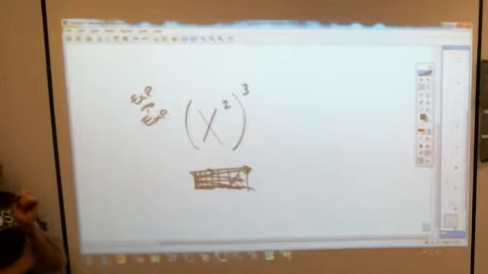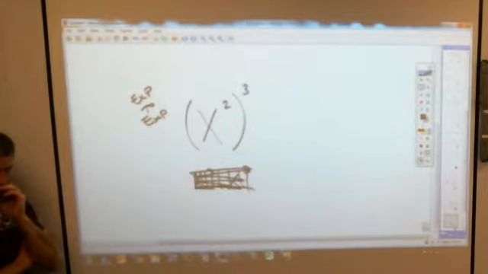How'd you come up with x to the 6th? X times itself? No. Madison, is that what you have? No, I have x to the 7th power. How do you get 7? I did x to the 2nd power, which is 4, and then I added 4 and 3.